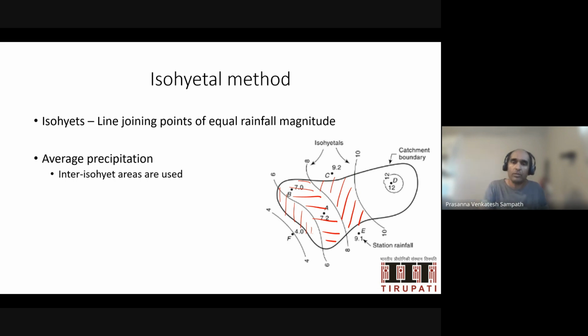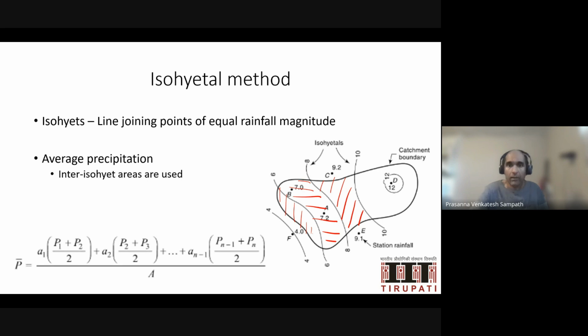So let me show you the formula. P bar, which is the average precipitation, is simply A1, which is the area between the first and the second consecutive isohyets, multiplied by (P1 plus P2) divided by 2, plus A2, the next area, multiplied by (P2 plus P3) divided by 2, basically the average between those, and so on until the last isohyet, plus A(n minus 1), which is the (n minus 1)th inter-isohyet area, multiplied by (P(n minus 1) plus Pn) divided by 2, right?